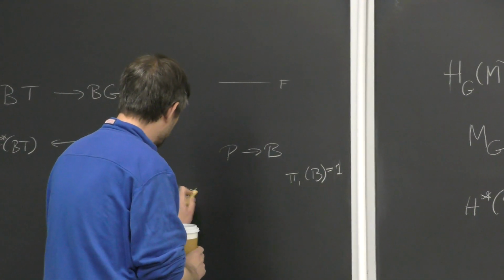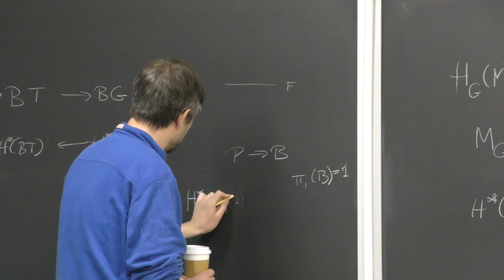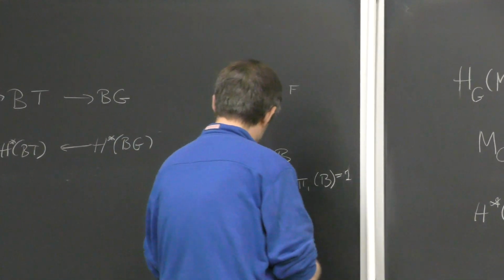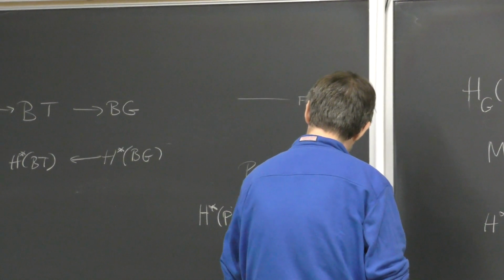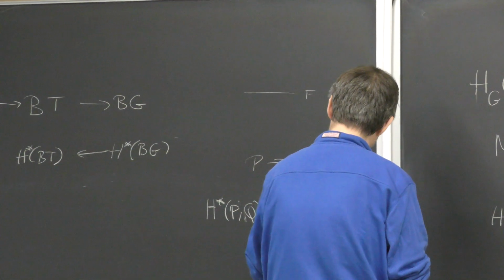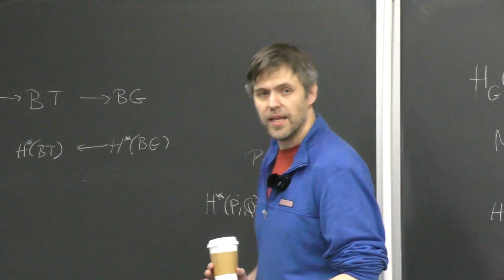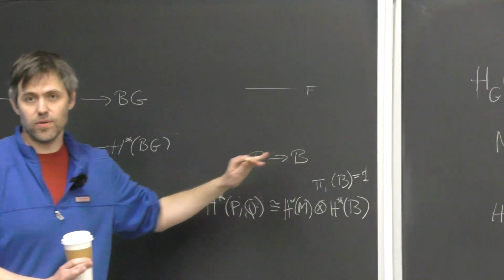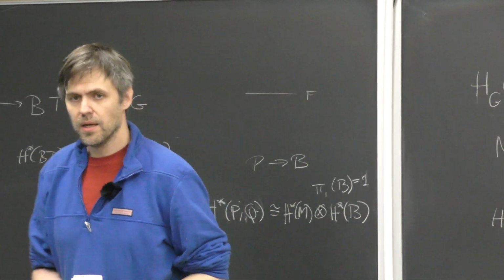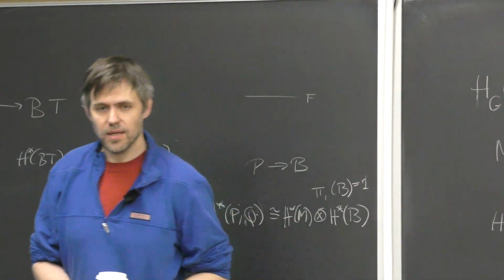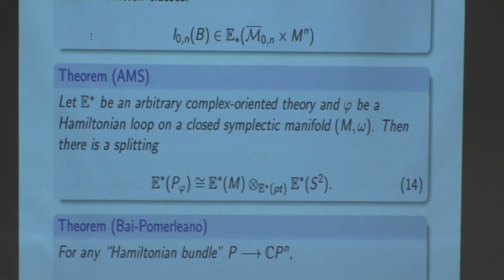Then the cohomology of P, with Q coefficients again, is going to be the cohomology of M tensor with the cohomology of B. The map has no singularities; it's a smooth fibration, a fiber bundle. That goes back to Deligne, 55 years ago.